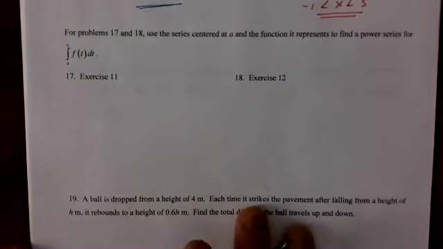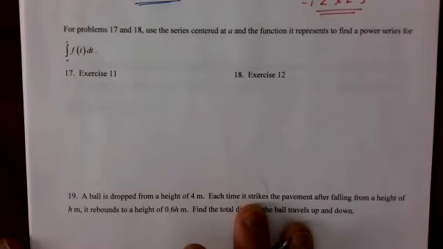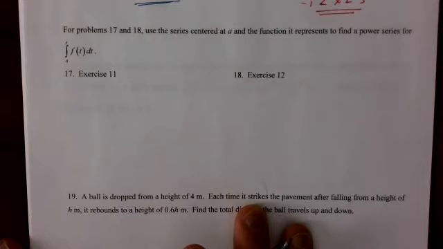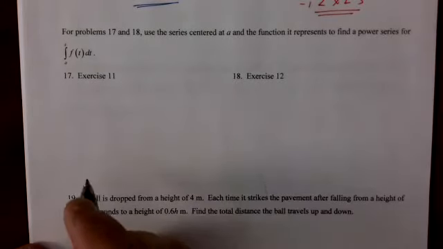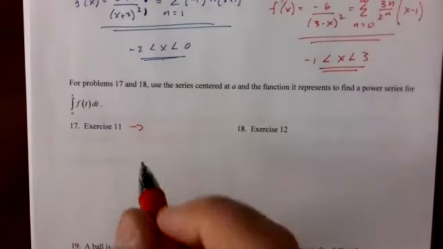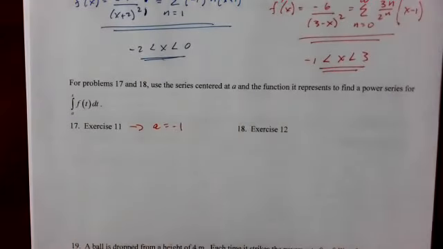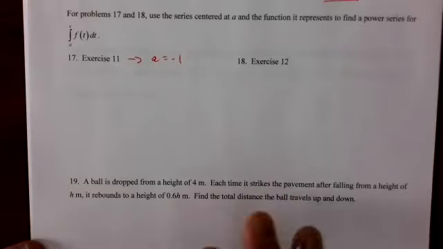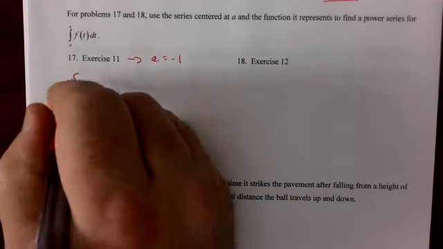I don't like them. Anyway, for 17 and 18, use a series centered at a. The function represents, find a power series for the integral. Oh, this is tough. So look right above. A is negative 1. So we need to do the integral from negative 1 to x.